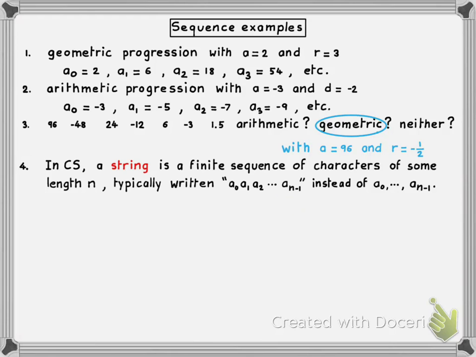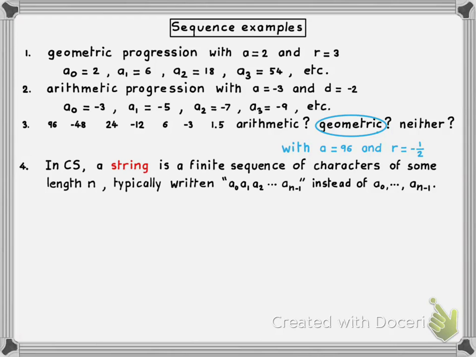So again, a string is a sequence. There are two specific properties of strings. One is that the codomain has to be a set of characters. Now, it doesn't have to be necessarily the letters A, B, C. It could be any set of characters, or more generally, symbols.